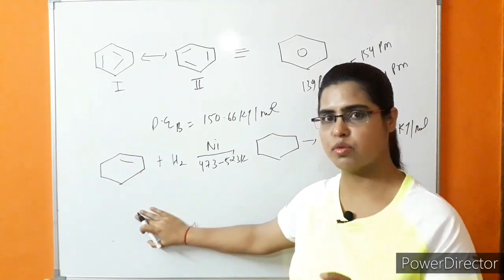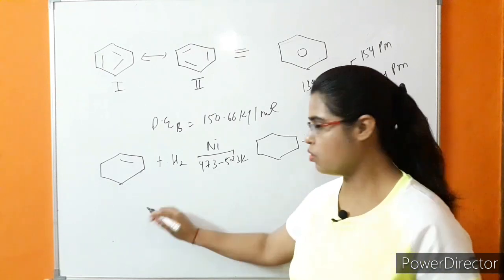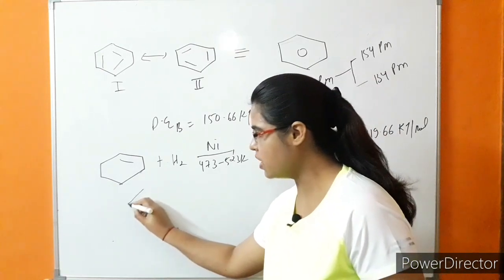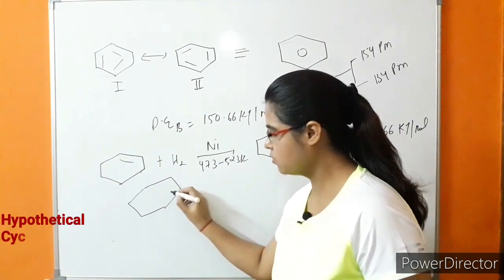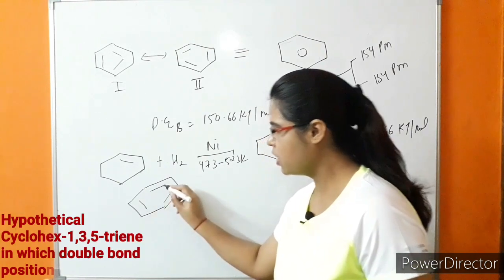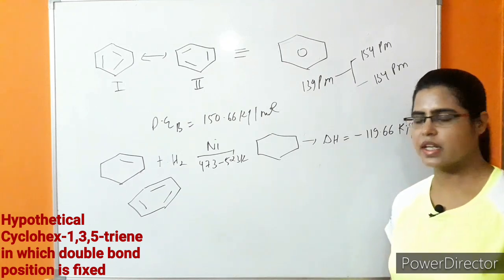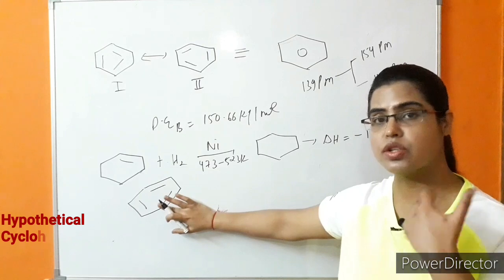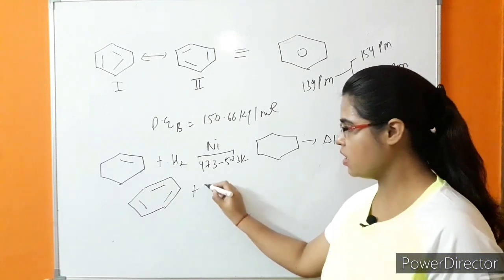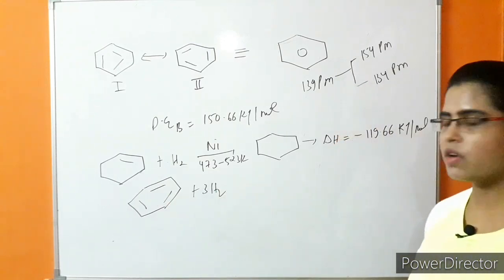If we assume a hypothetical structure in which 3 double bonds are present and these double bond positions are fixed, then there is a requirement of 3 moles of hydrogen.